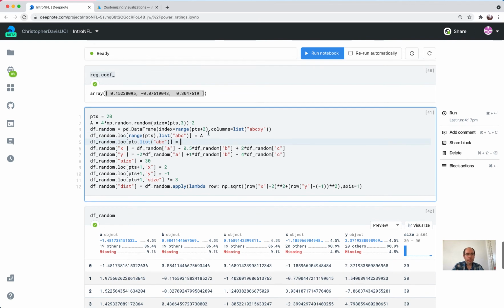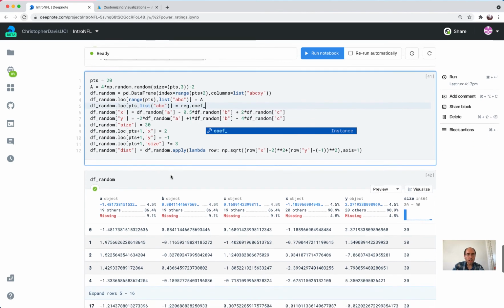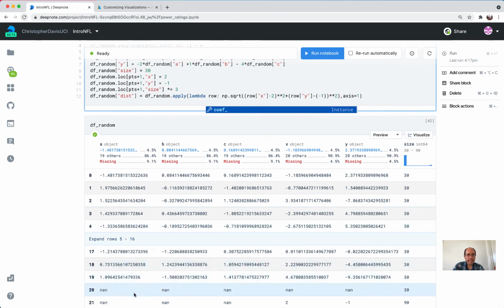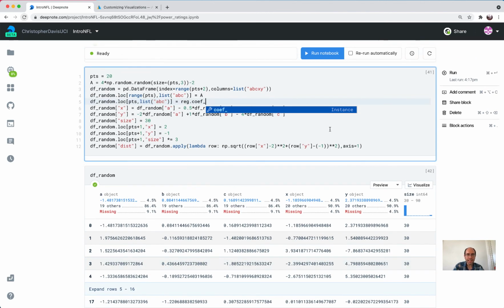I want to put this reg.coef, that is supposedly my best possible values of ABC. So watch how after I do this, the second to last column should suddenly have A, B, C, X, and Y filled in. I told it what A, B, and C were, and then it should compute X and Y. So let's see if I did it correctly.